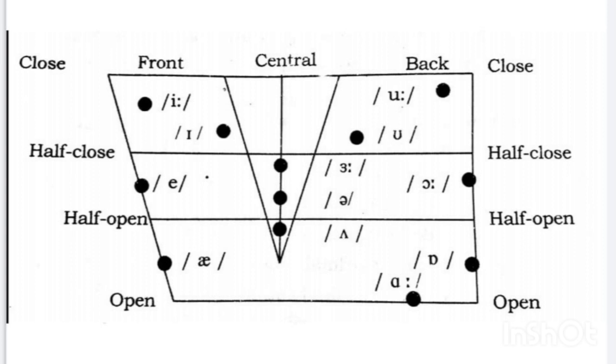Totally there are 20 distinct vowel sounds, and from 20, 12 are monophthongs or pure vowels. So the remaining 8 vowels are diphthongs or vowel glides. These points are a recap for you so that you keep all these things in mind when you learn the portions that follow this class. Thank you.